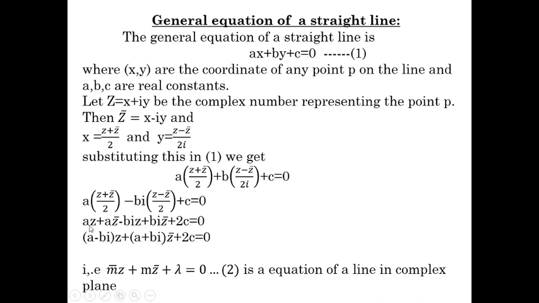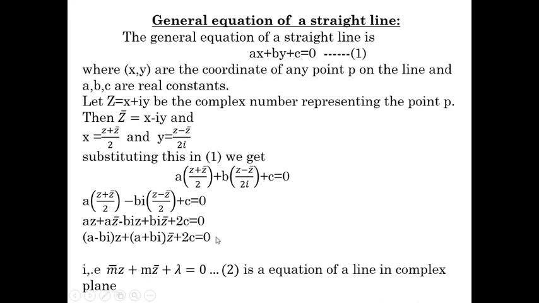Simplify, we get a z + a z bar - b i z + b i z bar + 2c = 0. Here we are grouping complex number and conjugate complex number, that is (a - bi) z + (a + bi) z bar + 2c = 0.